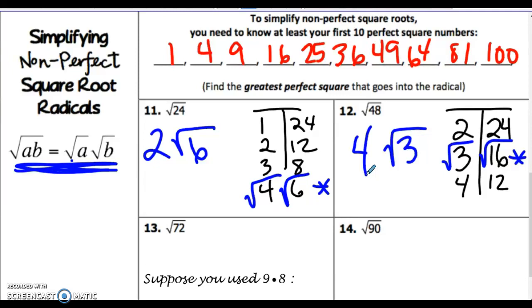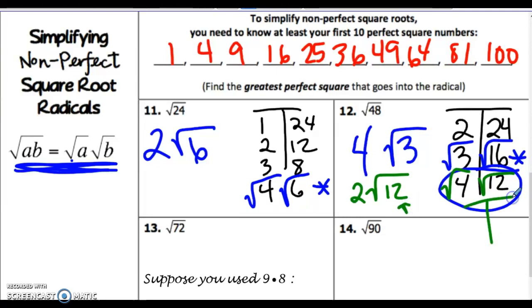Now, oftentimes what I see a whole bunch of you do is you pick this one, which is great. That's not really a problem. I can take the square root of 4, the square root of 12, and so I get 2 square root 12. But what you need to see is that 12 could break down even further. So 12 could break into 4 and 3.